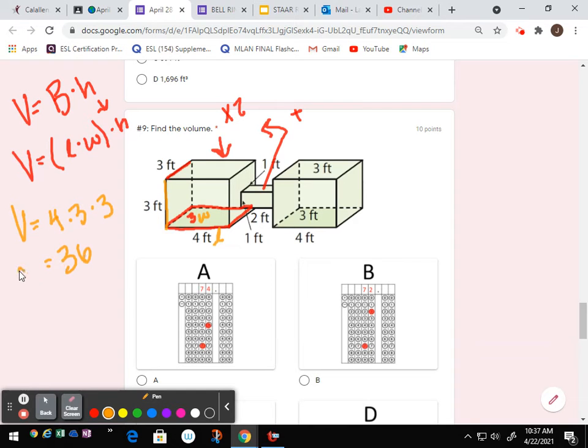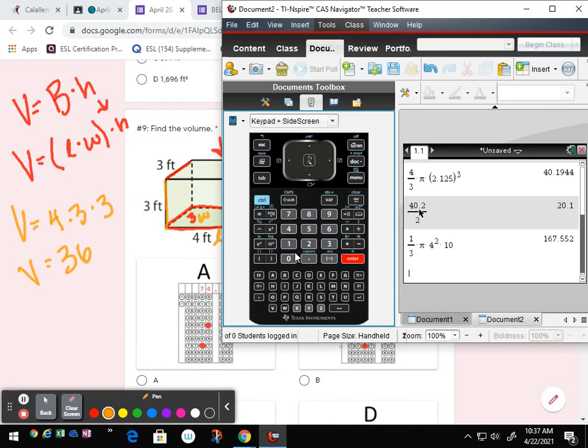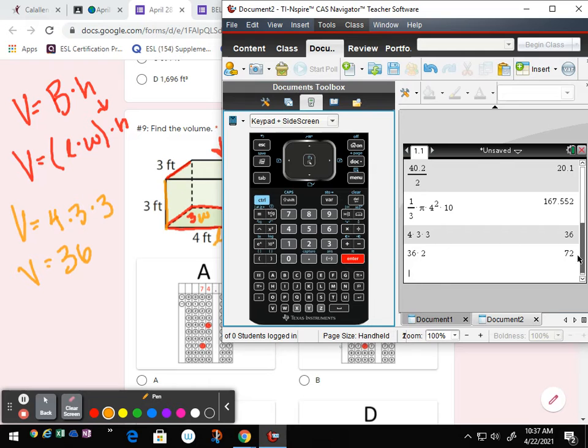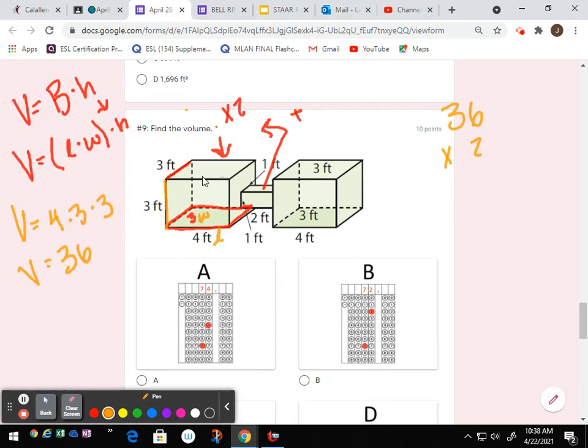So the volume of just one of these is 36, and we see we have 2 of these, so we're going to take this number, 36, multiply it by 2. So let's go in the calculator quick, just to be sure. 4 times 3 times 3 is equal to 36. So that's the volume of 1, but we need 2 of these, so we just multiply it by 2. 36 times 2 is equal to 72. Okay, so this cube and this cube is equal to 72.